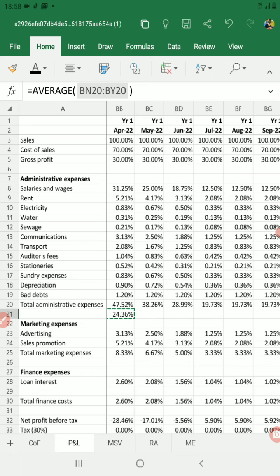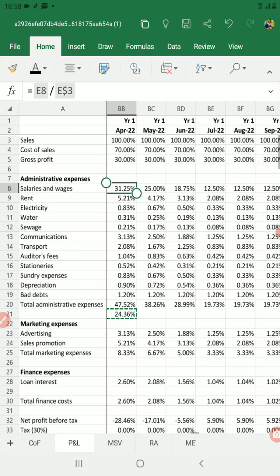So now we know how much each cost element is, I mean how much cost is incurred within the business compared to other cost elements, okay? So salaries and wages, for example, in this case is at 1.25% of sales. Rent is 5.21% of sales, and so on, okay?